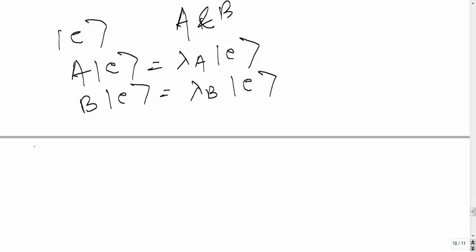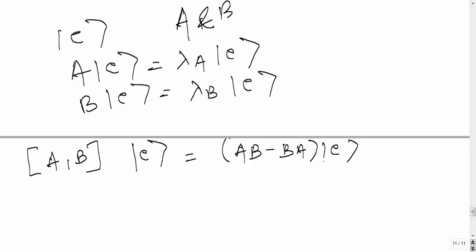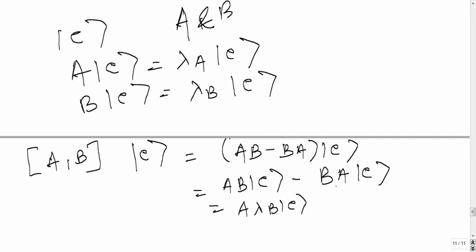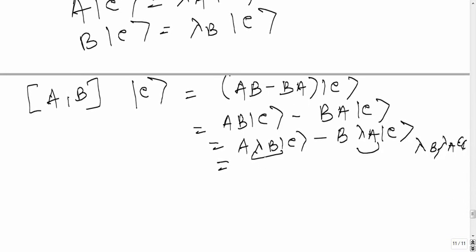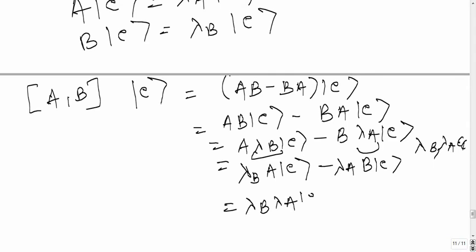And if I see the effect of this commutator on this eigenvector E, this would give us AB E minus BA E. Since the eigenvalues are complex numbers, and because an operator and a scalar always commute, lambda_B can be written like this: lambda_B lambda_A minus lambda_A lambda_B.